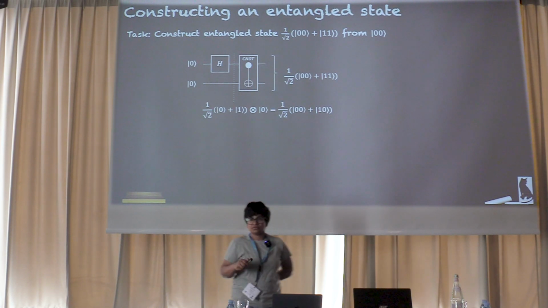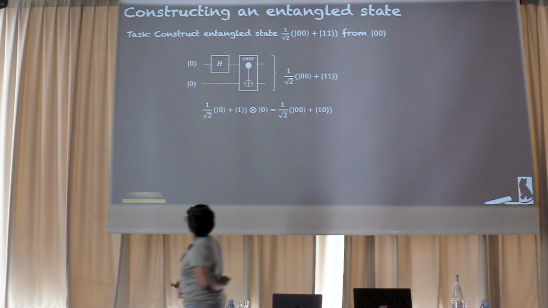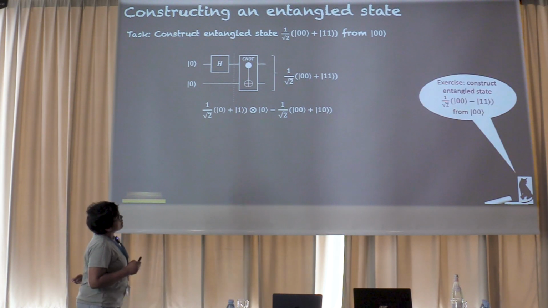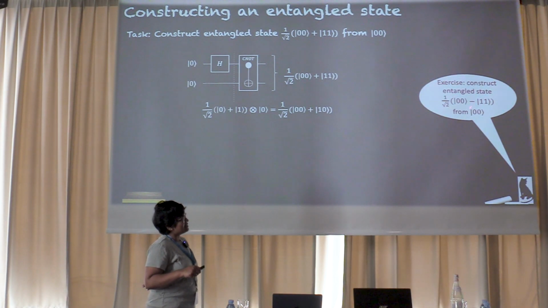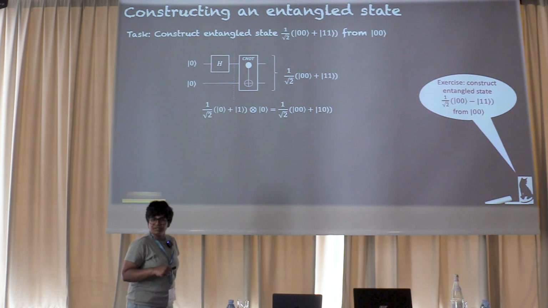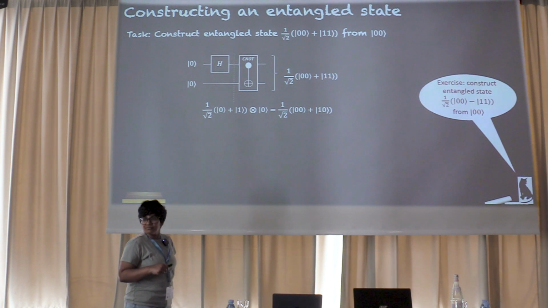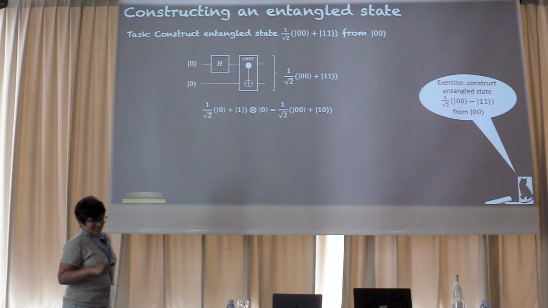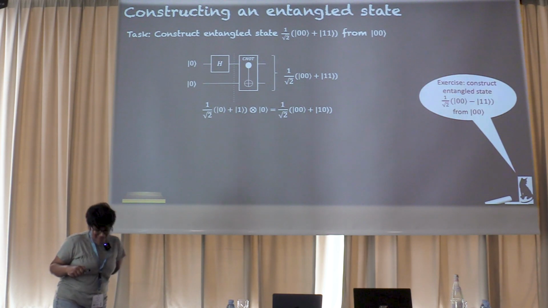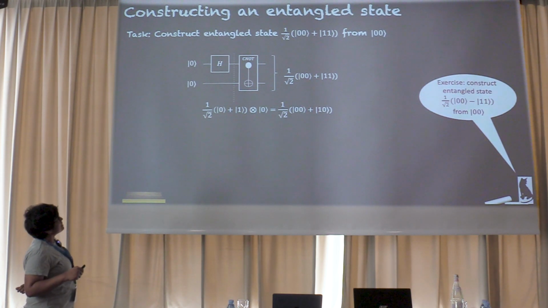No? Okay. Let's move on then. And if you're interested, you can try to see how to construct this other entangled state with a -1. Does anyone want to try now? It's not too difficult. Okay, let me tell you the answer.